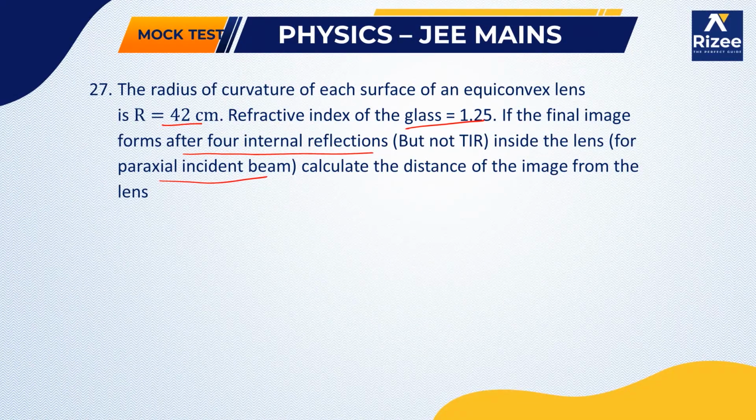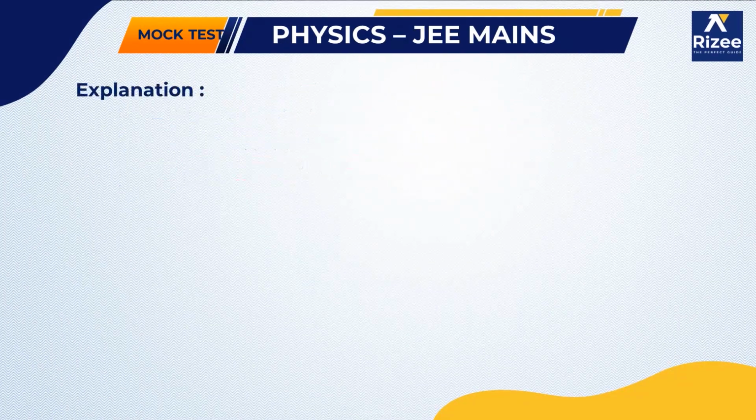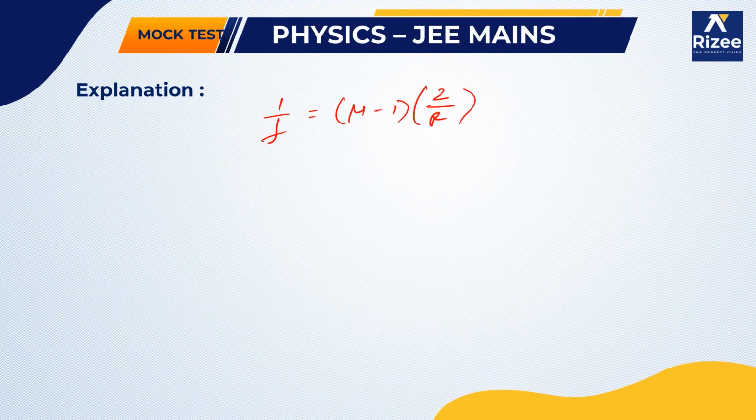So we can go for the relation of an equiconvex lens. The radius of curvature he has also provided to us. So can we find the focus from this relation? From the given information, from the lens maker's formula, 1 by f is equal to mu minus 1 into, for an equiconvex lens, 2 by r.